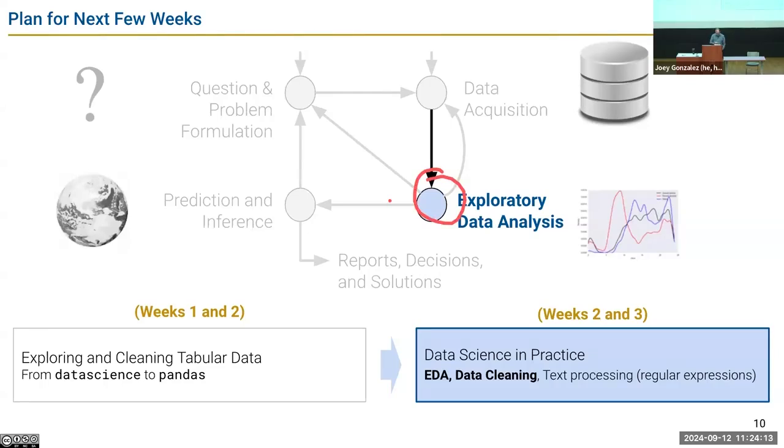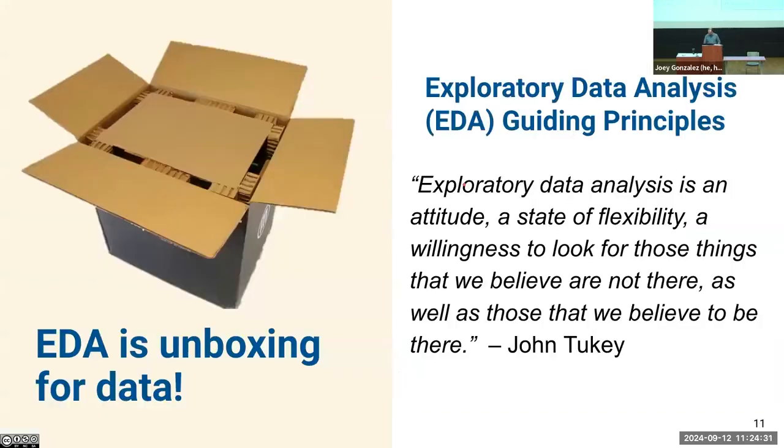And maybe the most important part of being at this part of the cycle is you've got data. And your job is to understand that data. Not the world yet, the data. What data do I have? You just got a present or the thing you bought on Amazon, you unbox it. What do I have? That's where we are. So it is the unboxing of data.